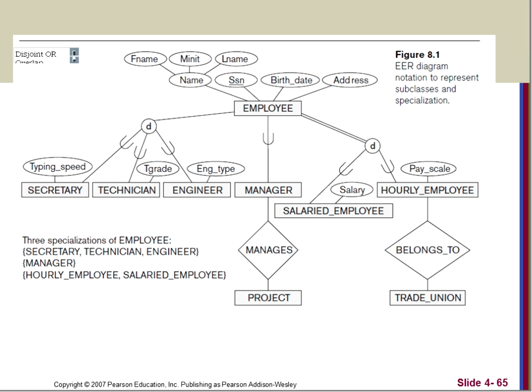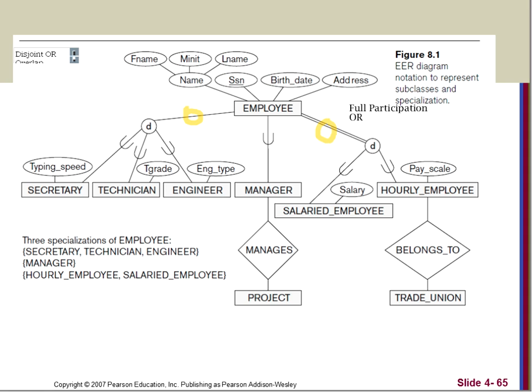So next one is this one. Sometimes you can see a double line and sometimes a single line. Double line means, as we learned before, it's a full participation or mandatory participation, or it can be partial participation.